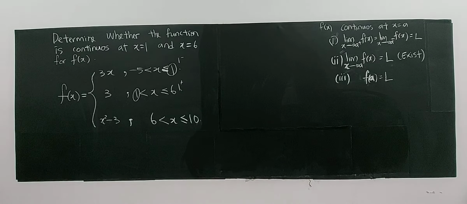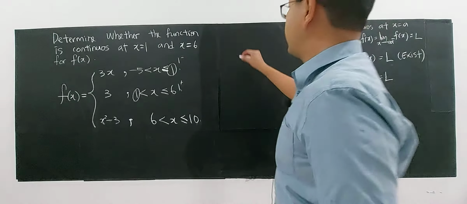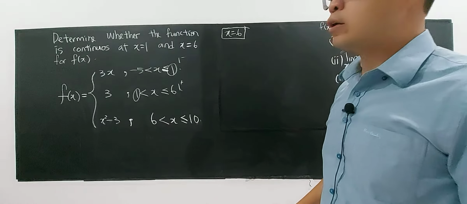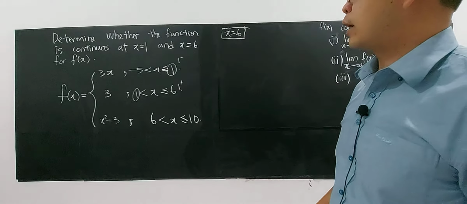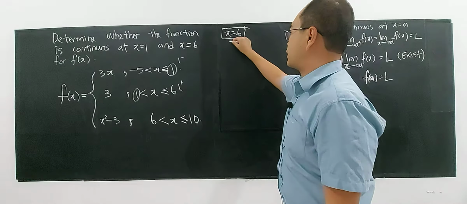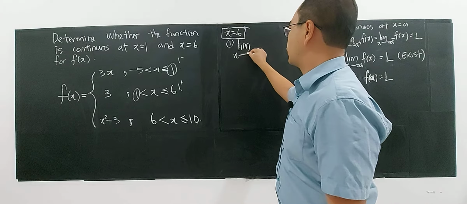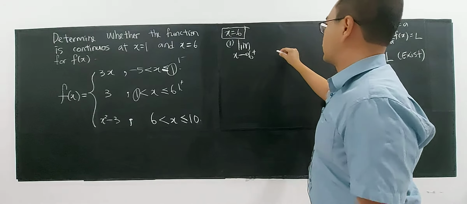Okay, now let's look at point x equals 6. Just now, at 1, yes, it's continuous. So at 6 also, the first condition, this is a piecewise function, so you have to check for the right and for the left, right?